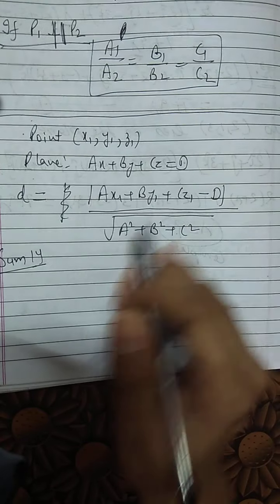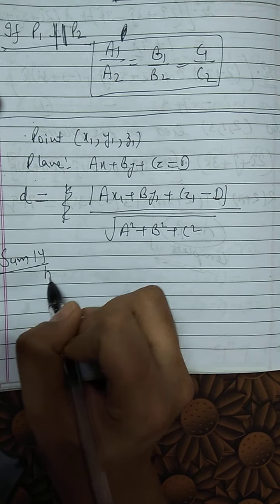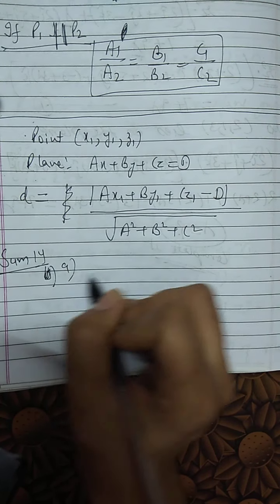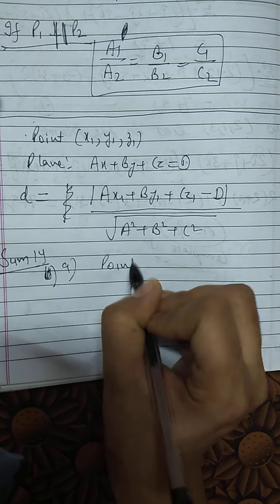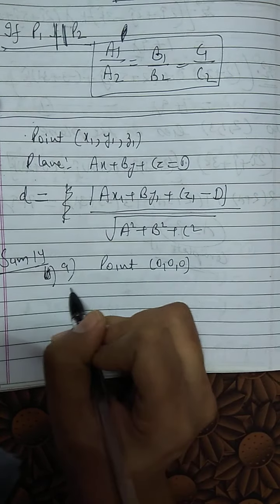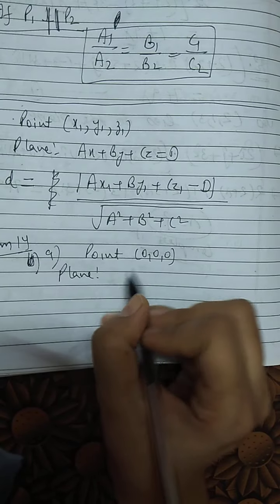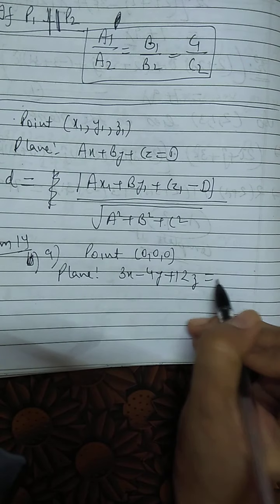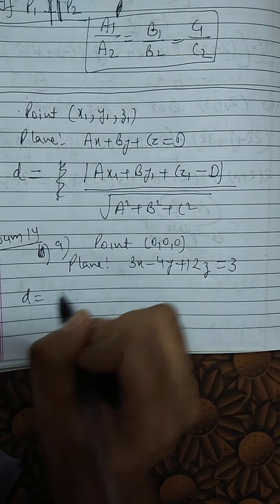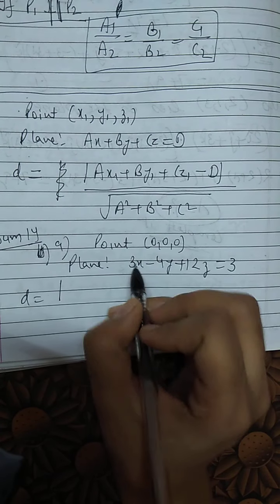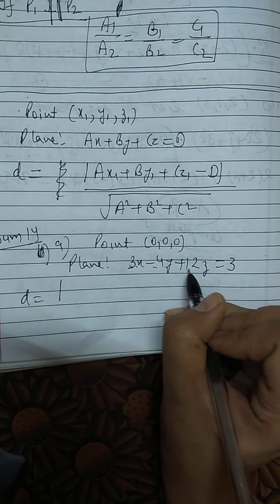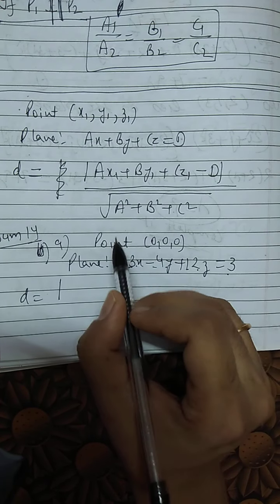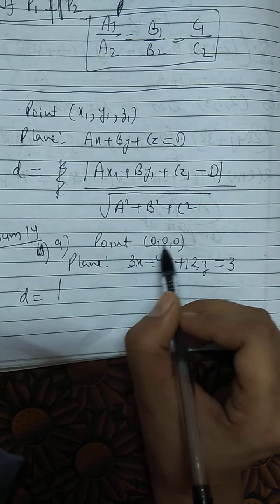First part: the point is 0, 0, 0, and the equation of the plane is 3x minus 4y plus 12z equals 3. So the distance will be the modulus of: a value is 3, b value is minus 4, c value is 12, and d value is 3. And the x1 y1 z1 point is 0 0 0.